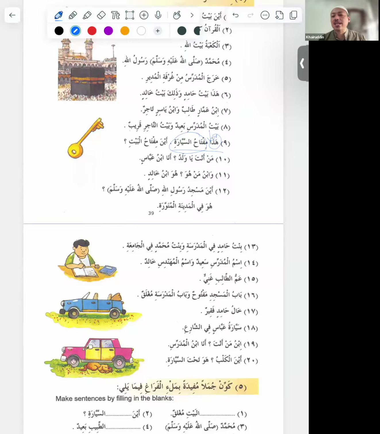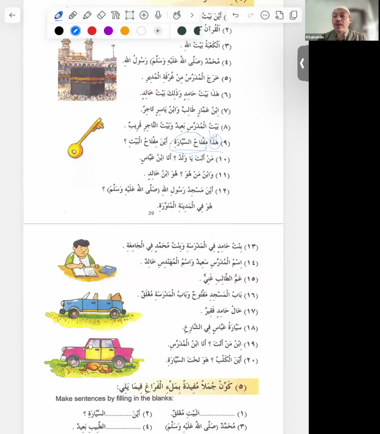We won't actually translate it like that in real life. We would say this is the car key. But we do this to demonstrate how the Arabs think in their sentence structures. Right. And then the next part, the author writes, Aina miftahul bayti.